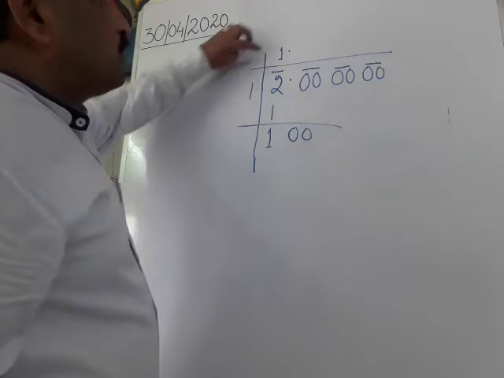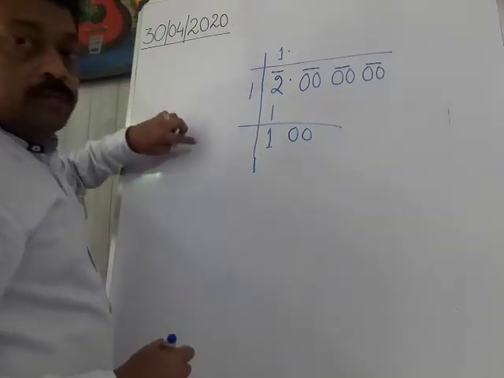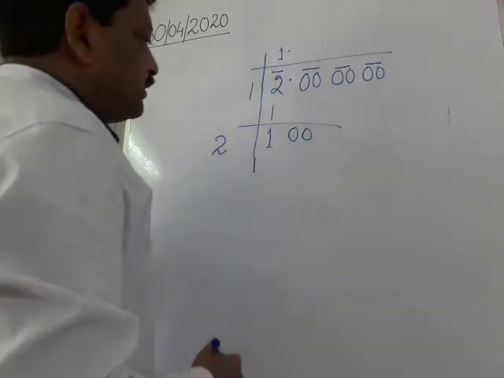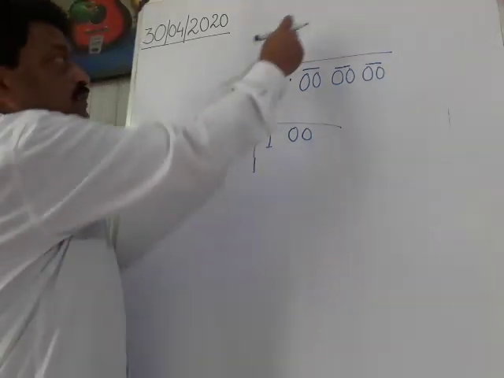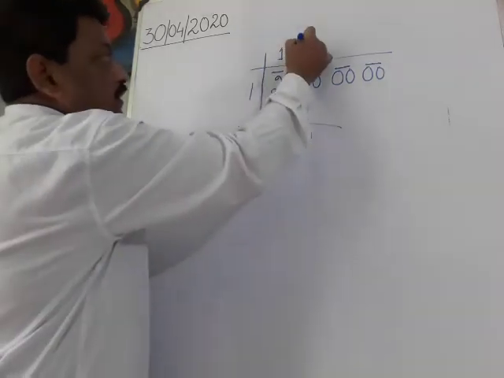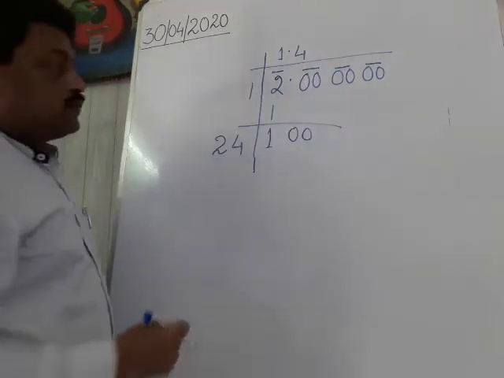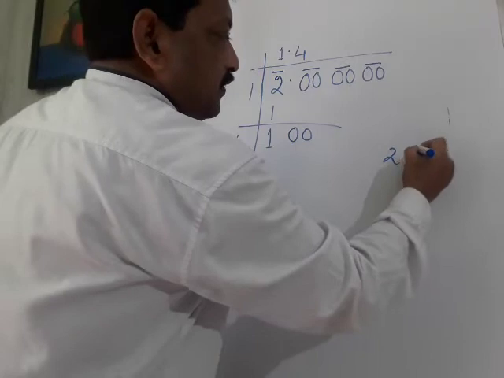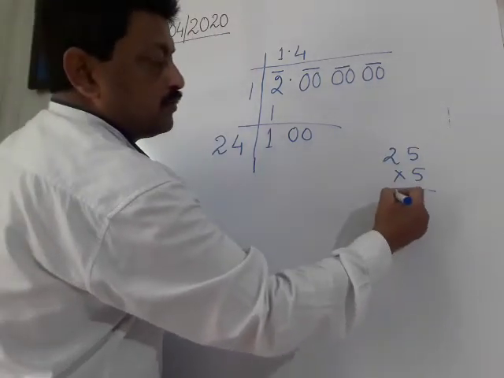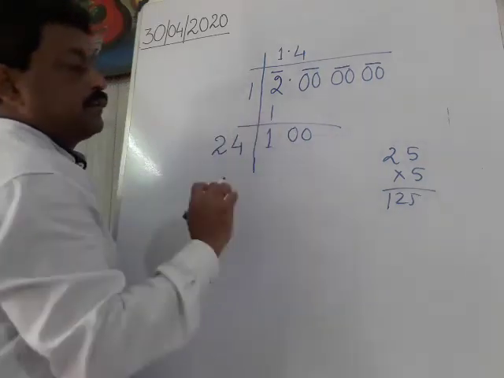I've got 1 in the quotient, so it will be doubled, it will become 2. So think of a number which should be written beside 2 as well as here also. So maximum I can take up to 4. I cannot take 5, because if I take 5, then I have to multiply 25 by 5. So that will become 125, more than 100.